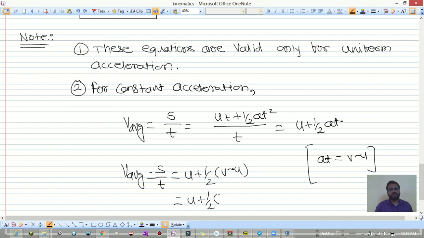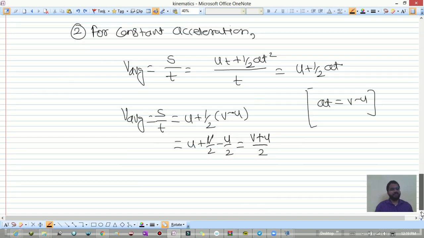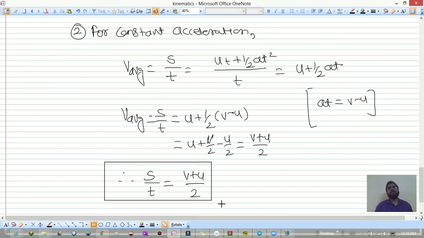You can actually have this as v divided by 2 minus u divided by 2, which is u by 2 plus v by 2, that is (v plus u) divided by 2. So this is the v average which we have, and therefore s divided by t, total displacement by total time, is (v plus u) divided by 2. So this is one more formula that you need to remember.